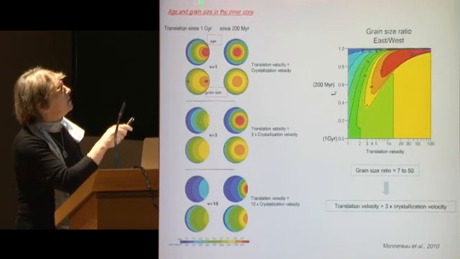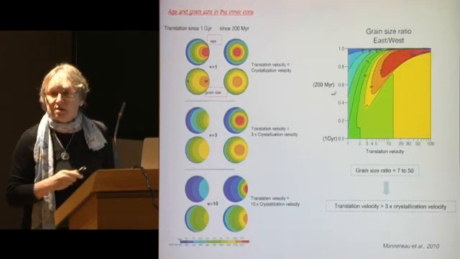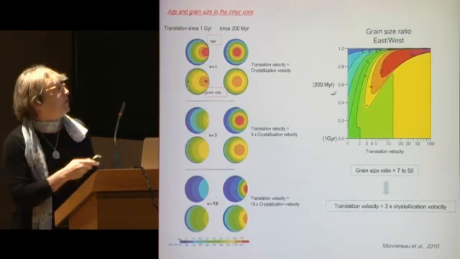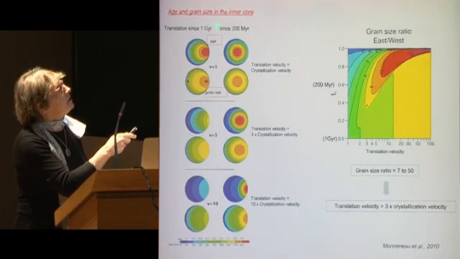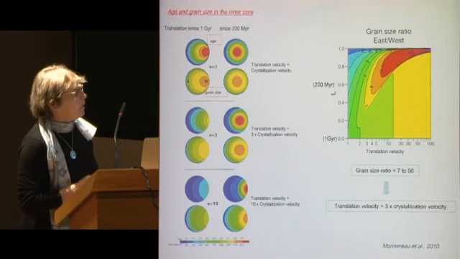On the left is a translation since 1 gigayear. It means more or less since the beginning of the formation of the inner core. On the right, it's since 200 million years. So what do we see?